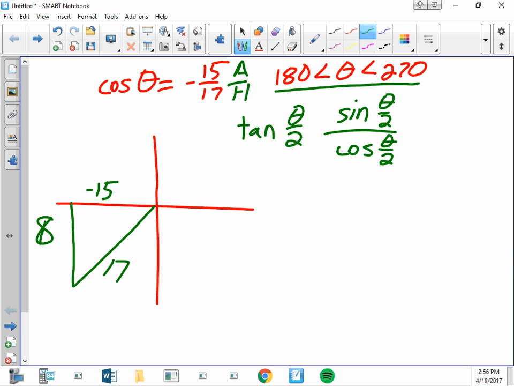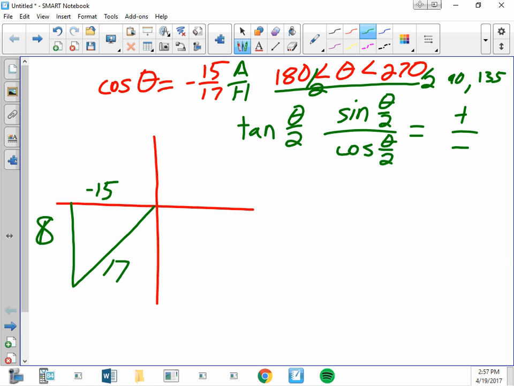If we're in quadrant 3, if we divide both of these by 2, I get 90 and 135. So in quadrant 2, the sine is positive and the cosine is negative. So my fraction in the end is going to be a positive over a negative, which is a negative. So my final answer is going to be negative.